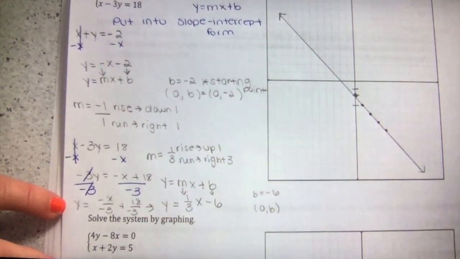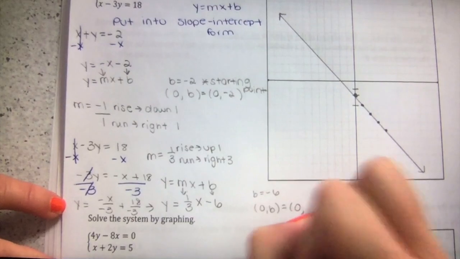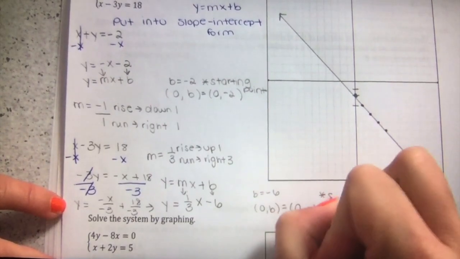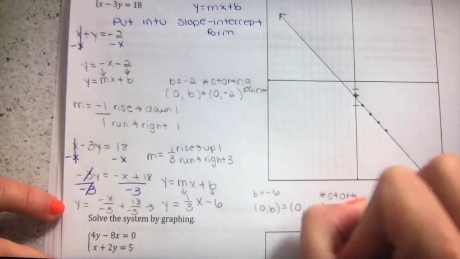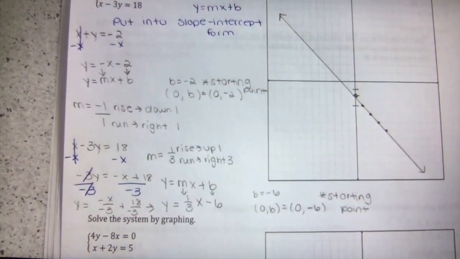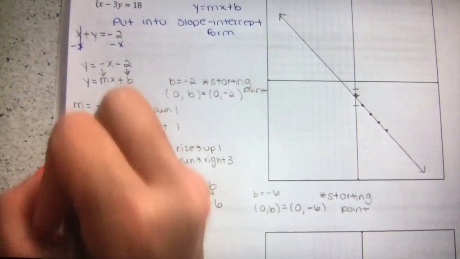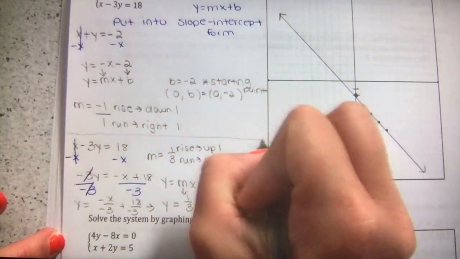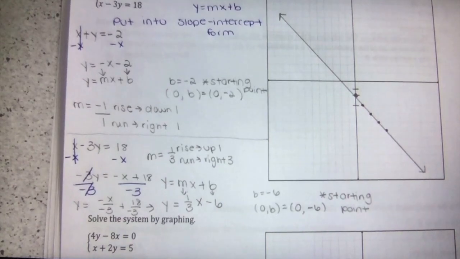So our starting point, which is 0, b, is going to be 0, -6. So we're going to start at 0, -6. Starting at 0, -6, we're going to go up 1 and right 3.